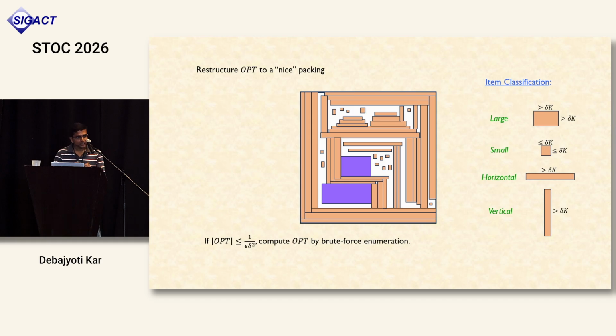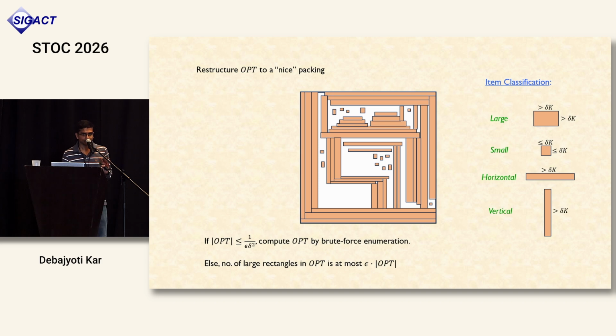If the total number of rectangles present in the optimal packing is only at most, say, 1 by epsilon delta square, which is just a constant, then we can essentially compute the optimal packing by a brute force enumeration. Otherwise, we know that the number of large rectangles is only going to be an epsilon fraction of the optimal number of rectangles. And in that case, we can afford to discard all the large rectangles.